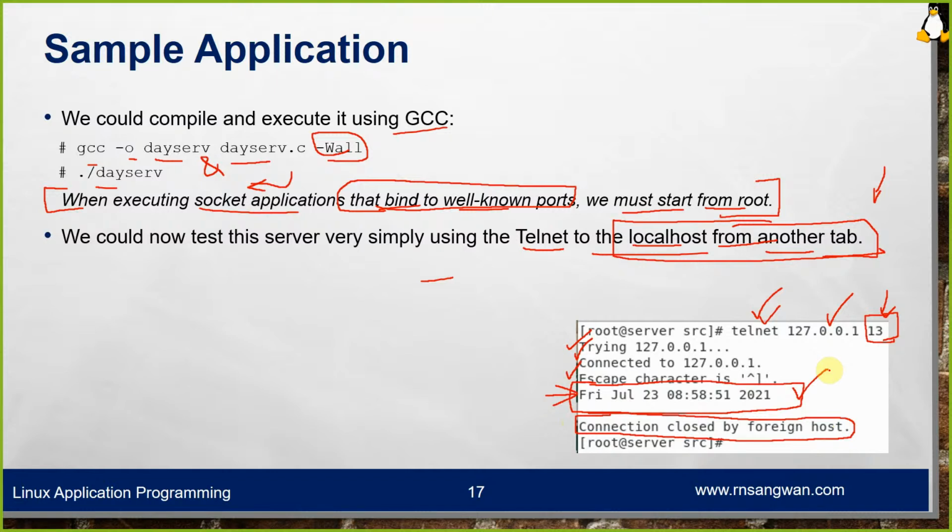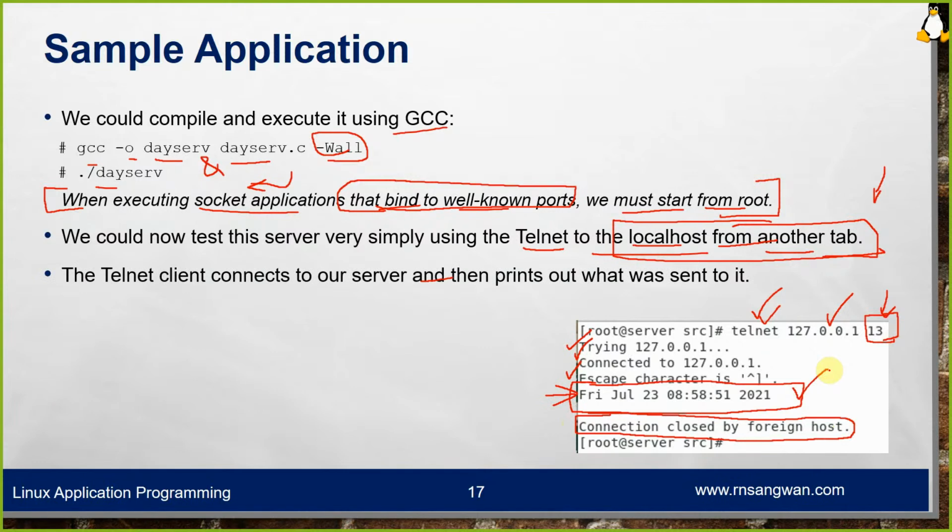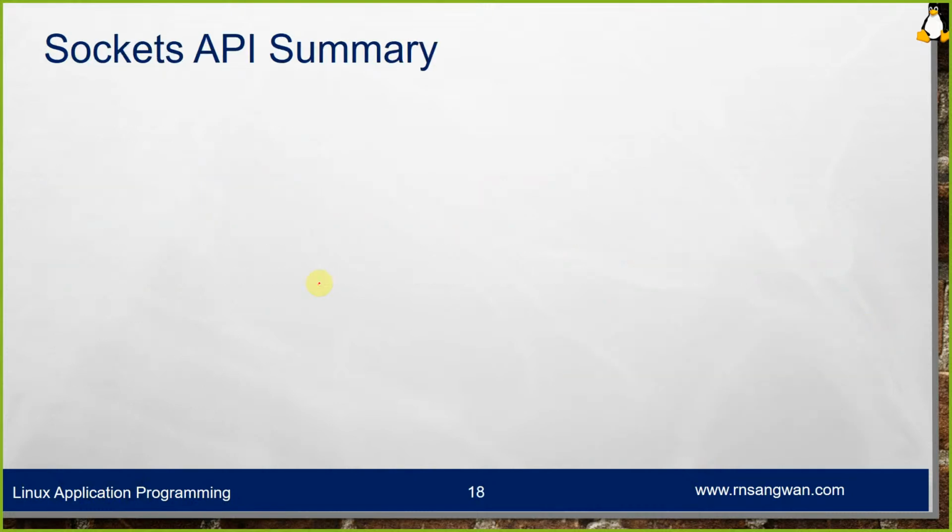That is a simple walkthrough using all the functions of socket programming. The telnet client connects to our server and prints out what was sent from the server side. This is the command I used, telnet localhost 13, and you'll get this kind of message.